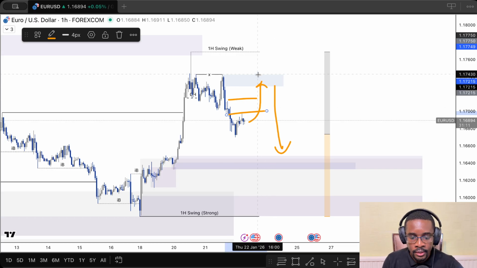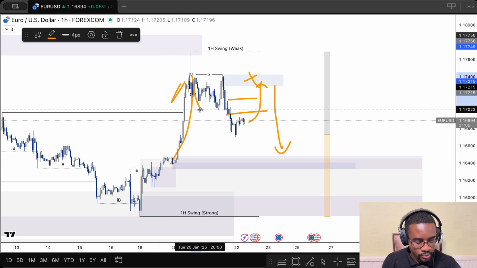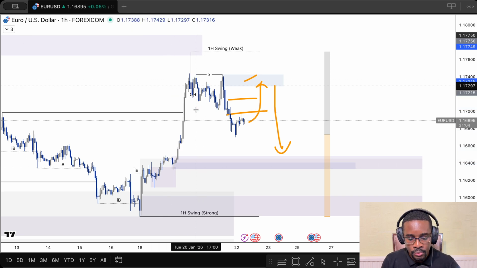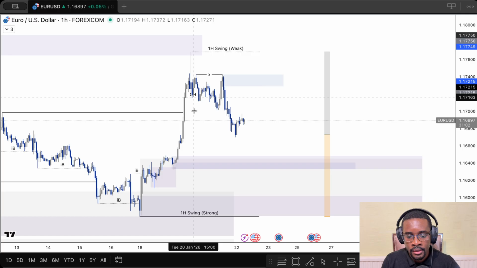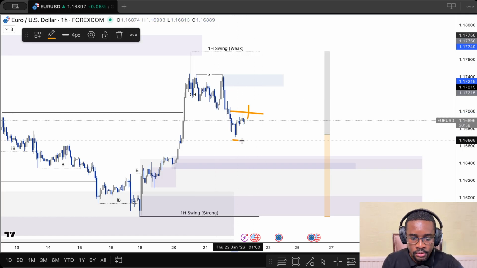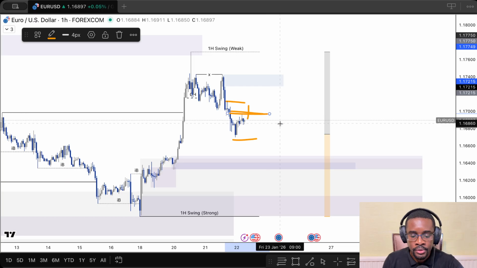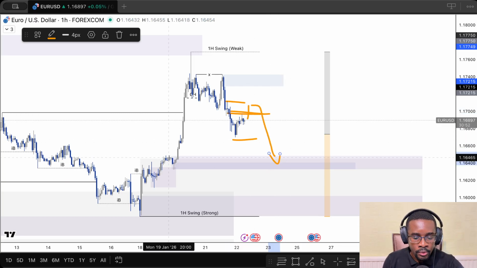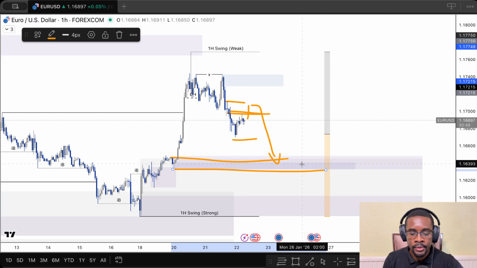If it comes back, then likely it will fail, because remember, we are bullish. So expectation now would be that price will maybe sweep this area here, come into this area, react from there, and then come down, and then we go on to mitigate our extreme.